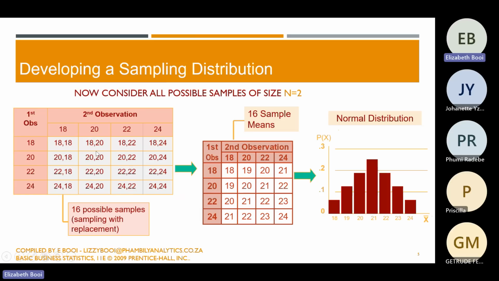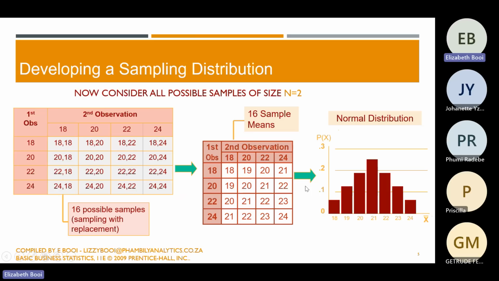We calculate the mean of each sample, because we said we wanted to create 2 samples of each. So if we selected two 18-year-olds, then the average of those will be 18. If we selected an 18 and a 20-year-old, the average will be 19. If we selected an 18-year-old and a 22-year-old, then the average age will be 20.